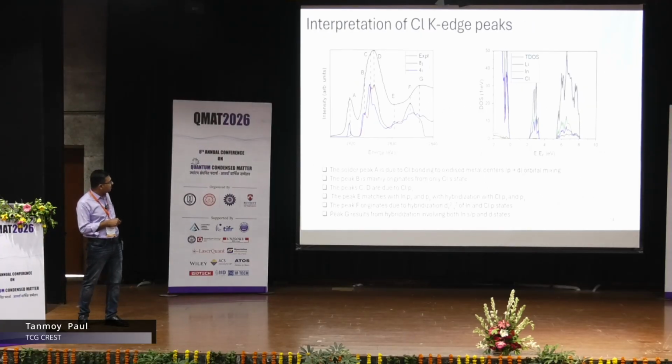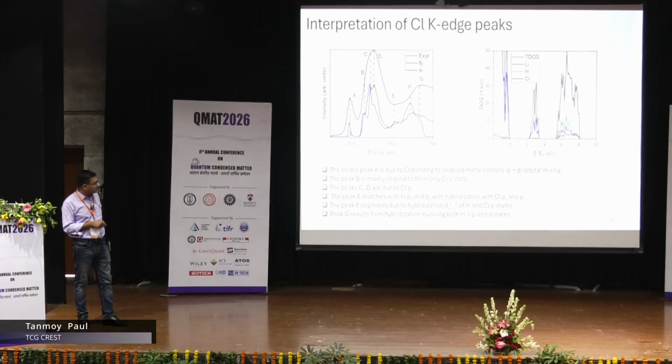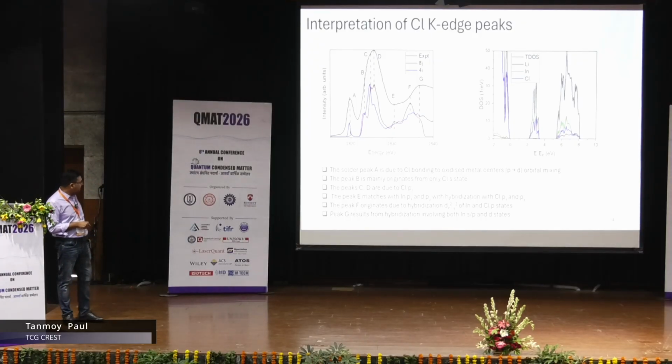What we understand is that among these 7 features, this peak A corresponds to the metal, especially the indium P to D orbital mixing, and peak B originates from the chlorine S state. Peaks C and D are an admixture of these two Cl Pz states, because we have a lot of different chlorines in the structure. Peak E matches with the indium Px and Py with the hybridization of Cl Px and Py.